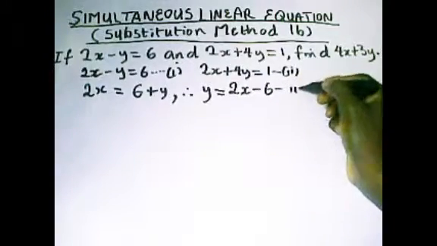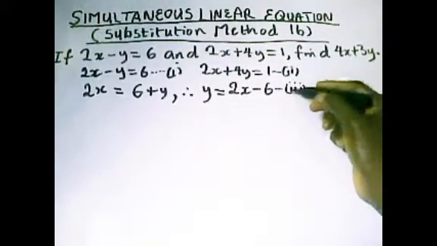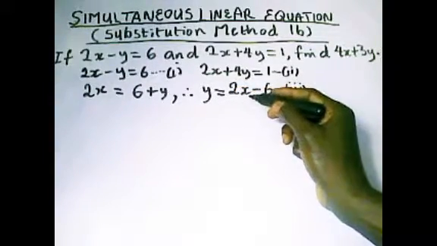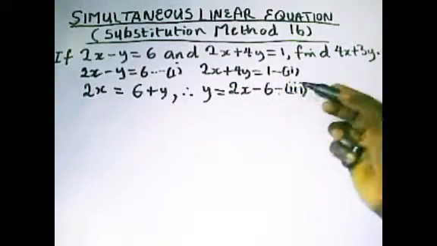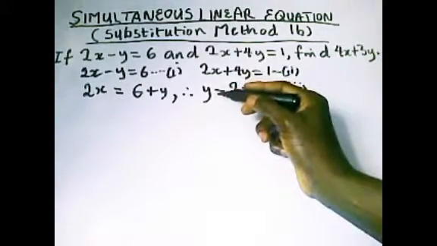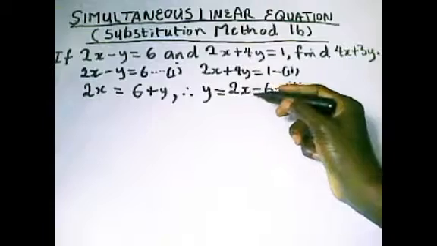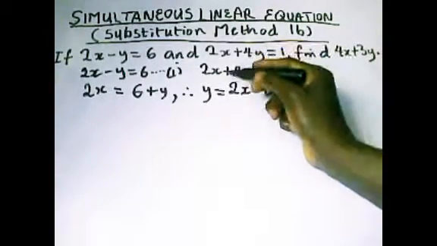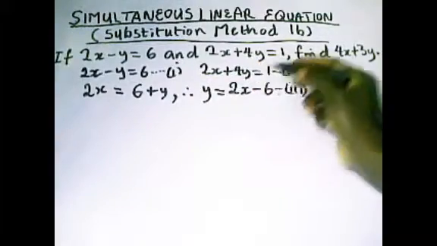So this will now become our equation 3. From equation 3 we can directly get the value for y if we know the value for what? x. So this is what the substitution method is all about. Make one variable the subject, then replace that variable with its equivalent, which in this case is 2x minus 6, in the second equation. So that's what we are going to do now.